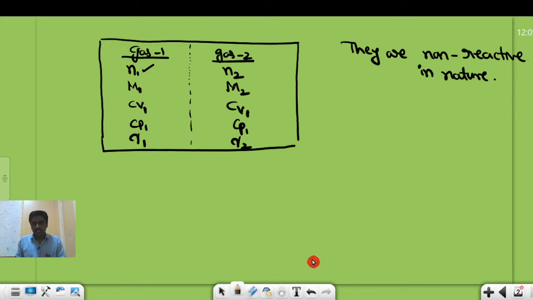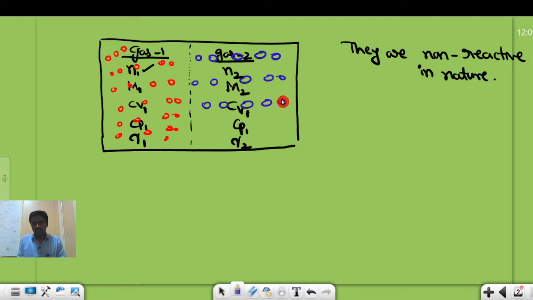Let us assume gas 1 is indicated with one color, red bubbles, and gas 2 has another color. When we perform the experiment, the thin layer is removed.